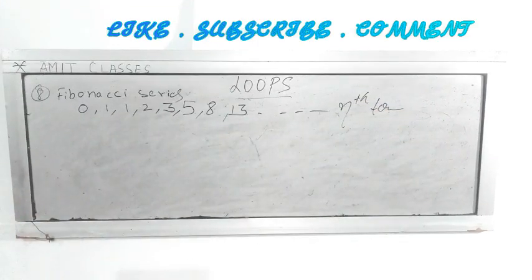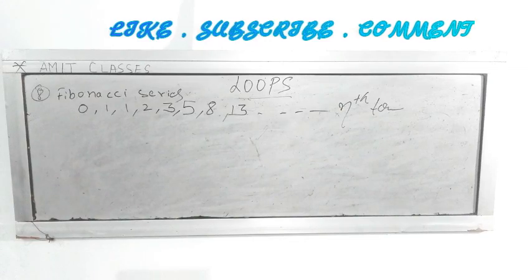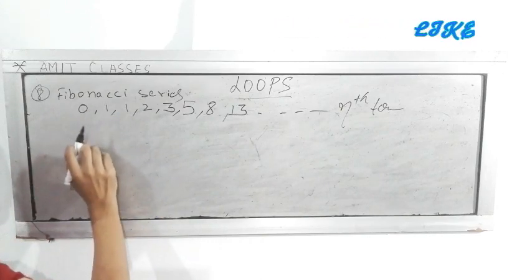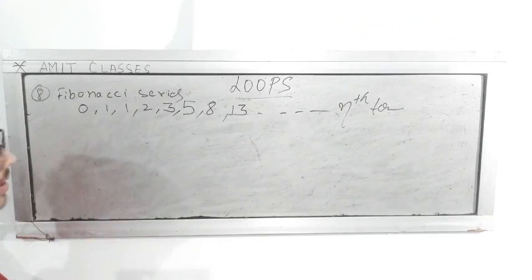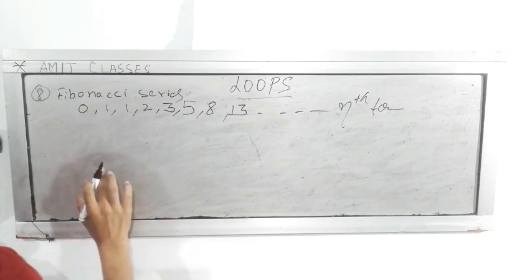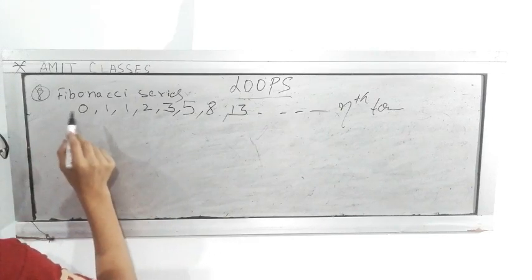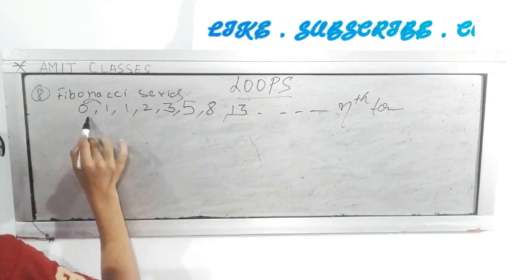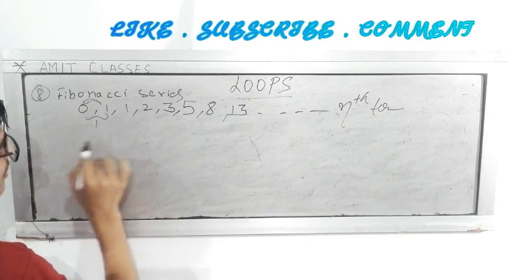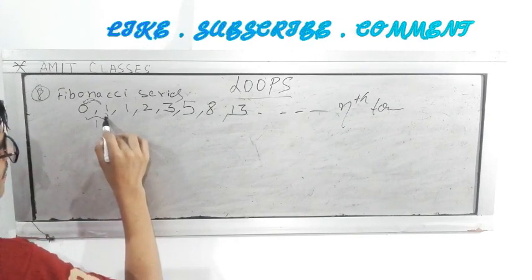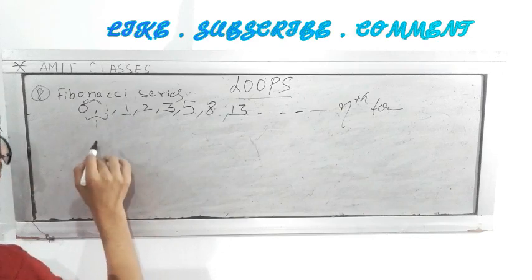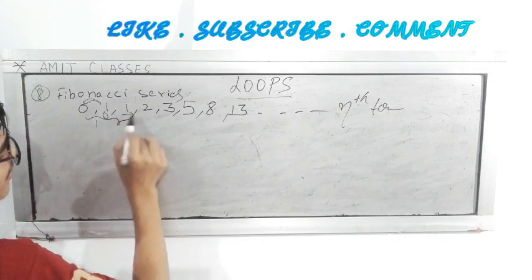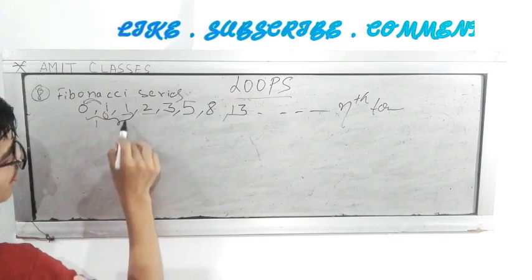Now for this we have to put some logic. We don't have to take any user input in this program, so it is very easy. We just have to see: the sum of these two is 1, so it is 1 here. The sum of these two, 1 plus 1, is 2, so here it is 2.